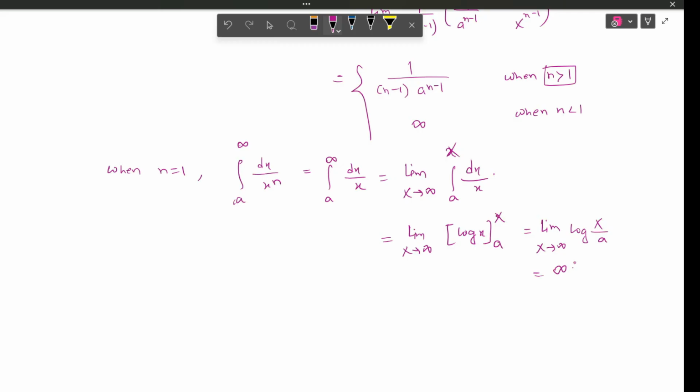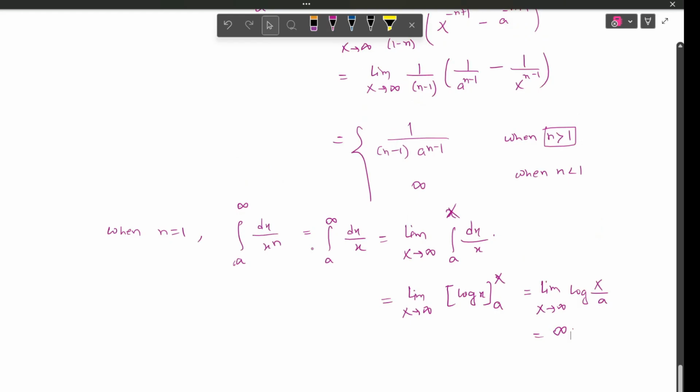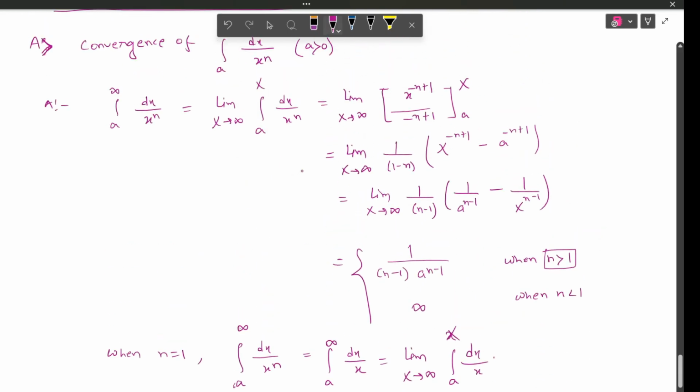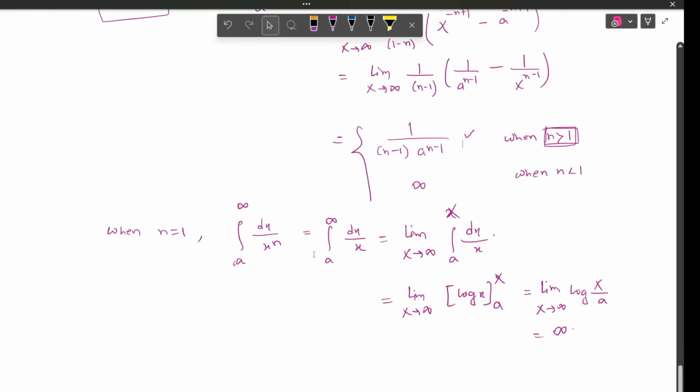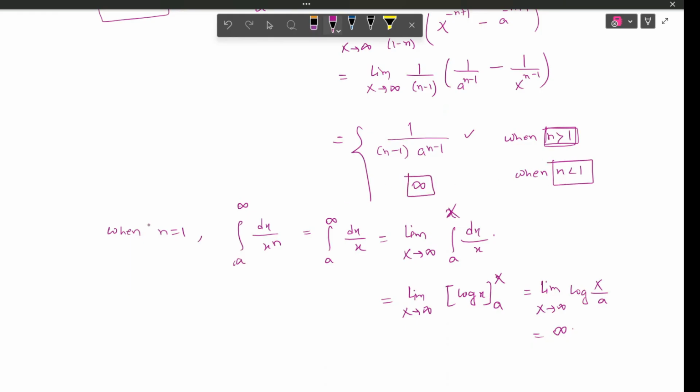So from this discussion we can see that this integration is convergent when n is greater than 1 only. You will get a value, right? But when n is less than 1, this is infinite, and when n equals 1 also, this is infinite.